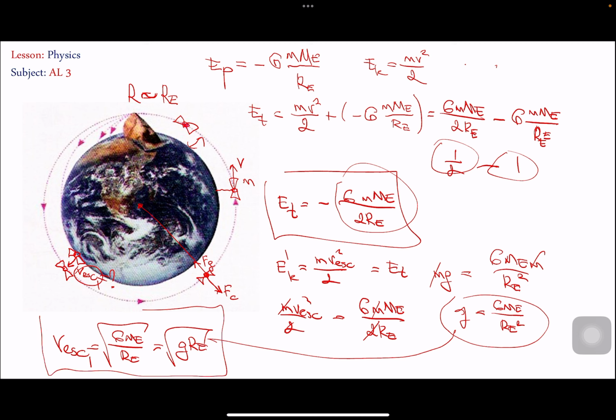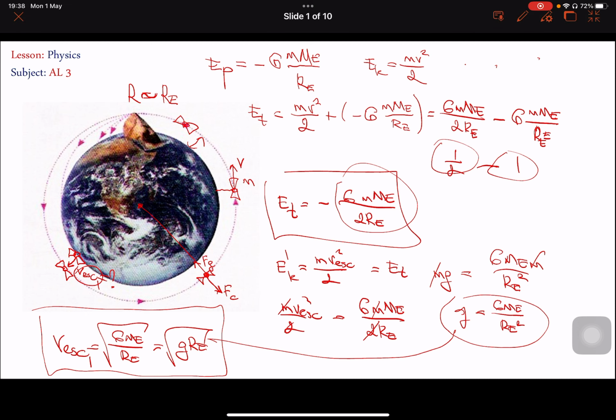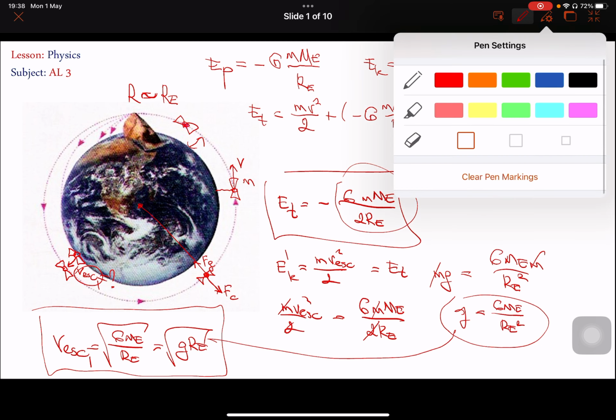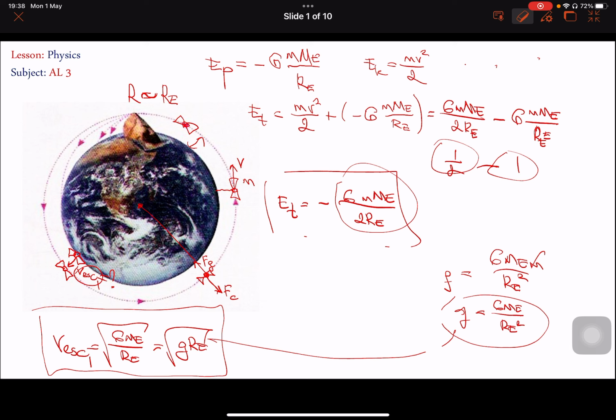For example, if I use it exactly for the Earth, I can calculate it easily.